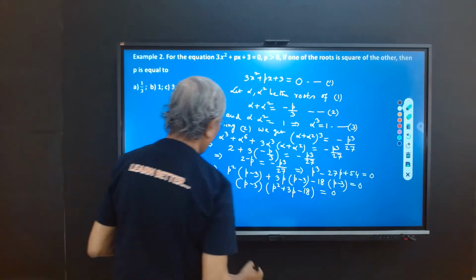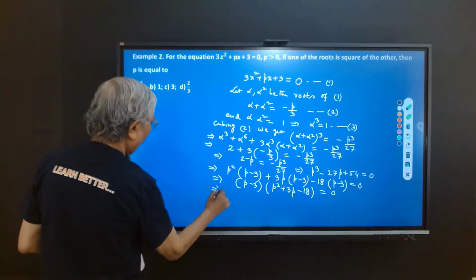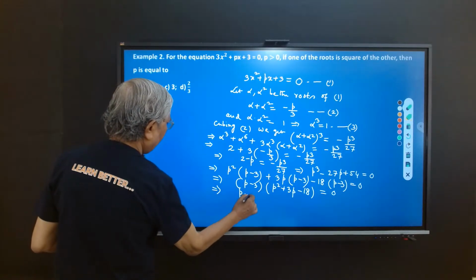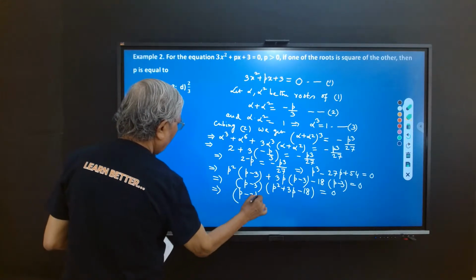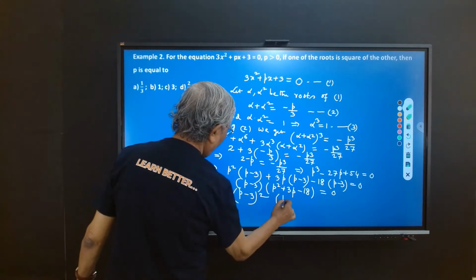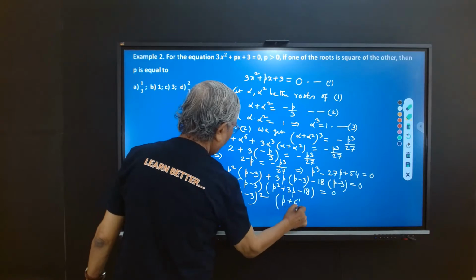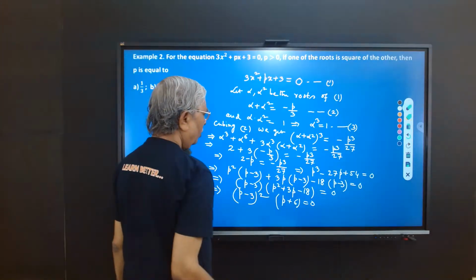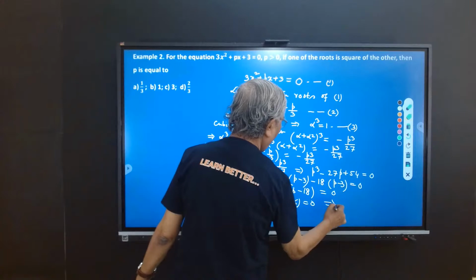Again you factorize it. This will give one factor is p minus 3. So p minus 3 whole square into p plus 6 equals to 0. So what are the values of p?